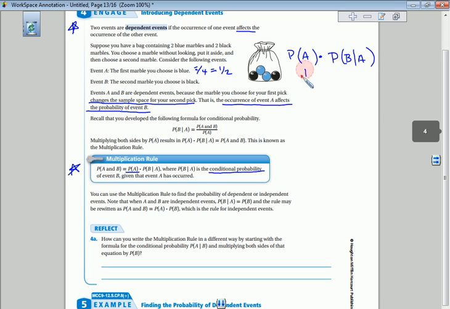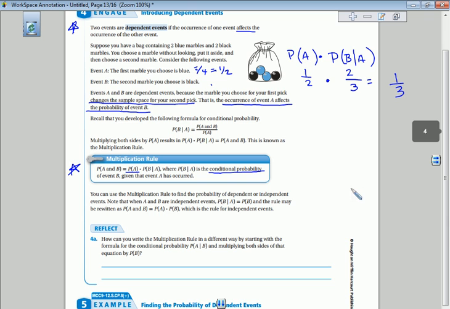So this was 1/2, but now I pulled a marble and I didn't put it back. So now how many marbles are left? 3. And how many are black? 2. Okay, but this is on the condition that I first pulled a blue. So my conditional probability would be 1/3.